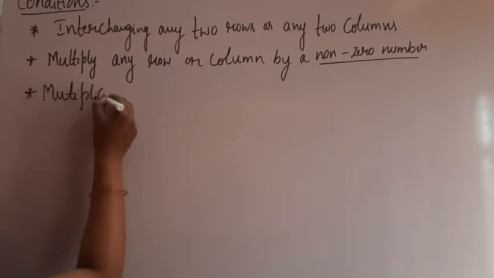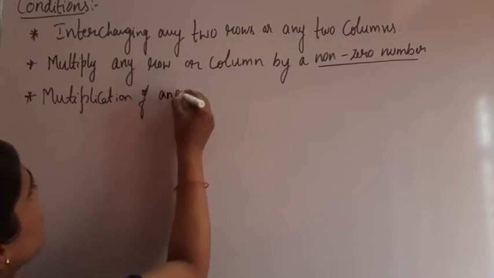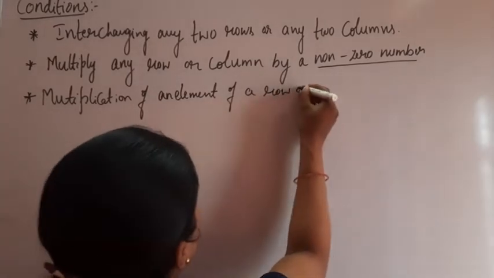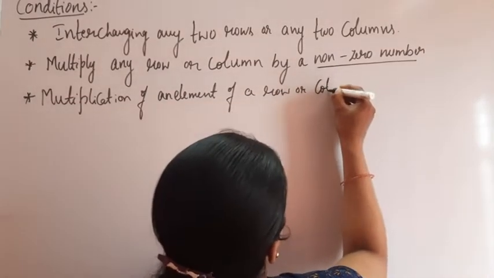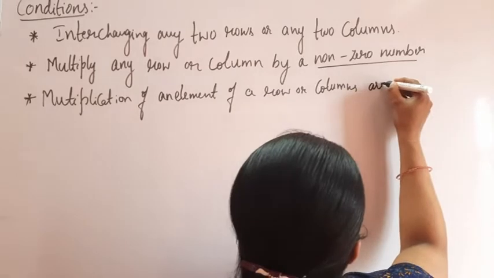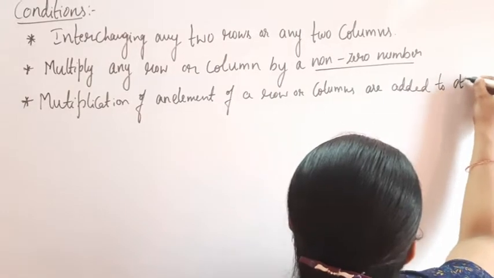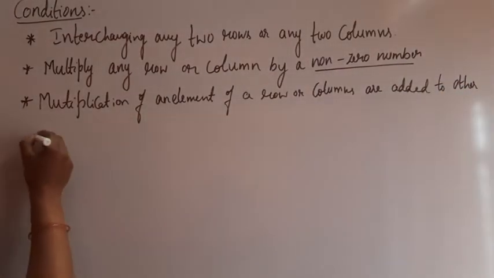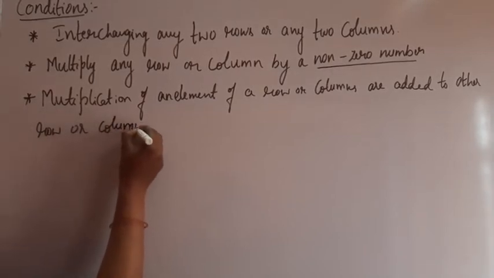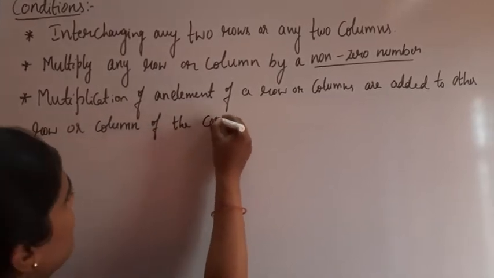So the multiplication of the elements of a row or column are added to the other row or column of the corresponding elements.